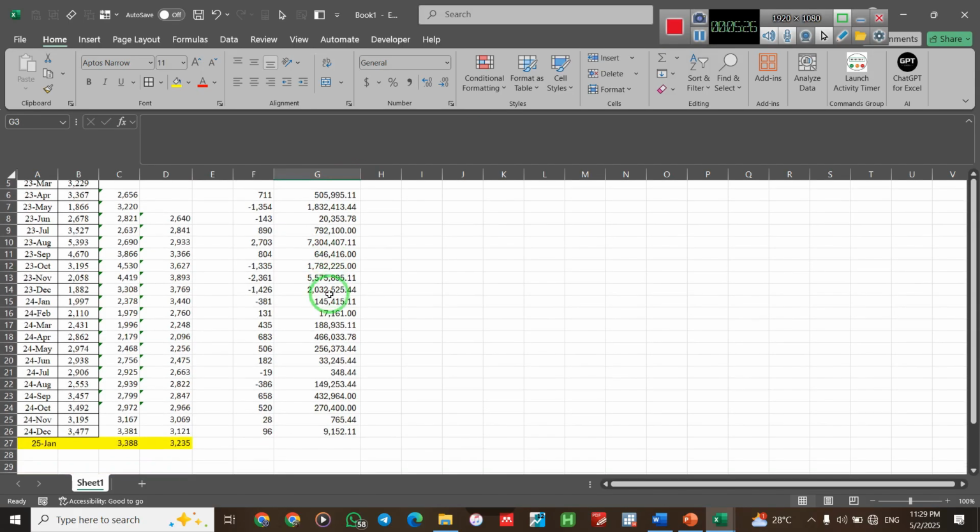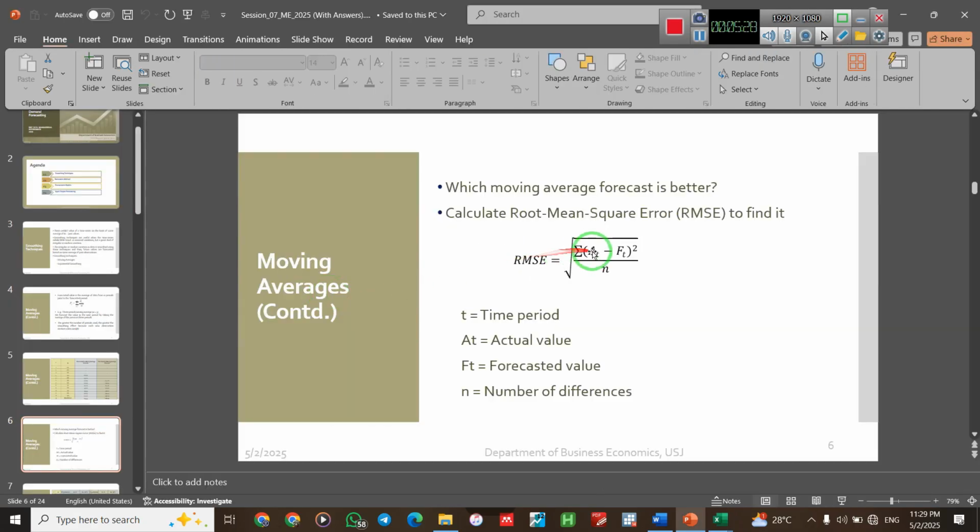Now if we move to the equation, we have deducted the forecasted value from the actual, we have taken the square of that, and we have done that for every line item in our data set, right?